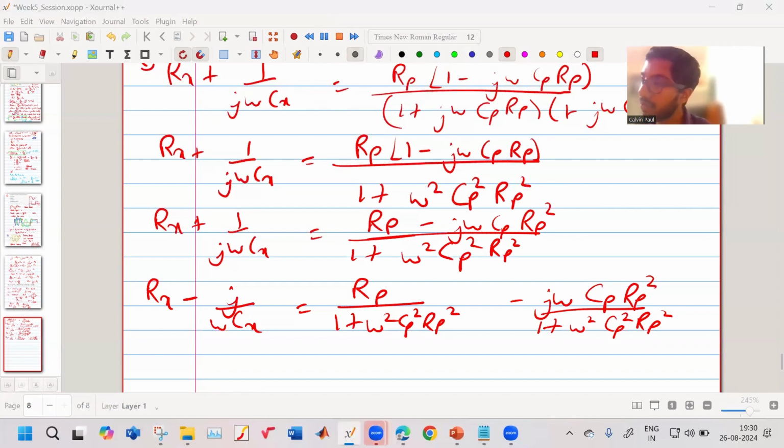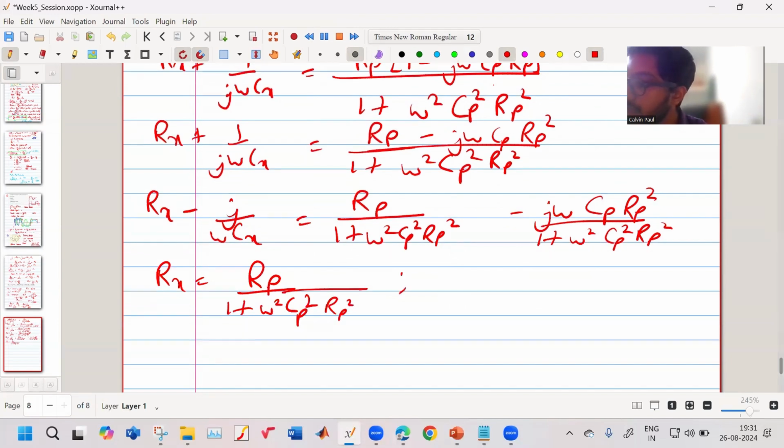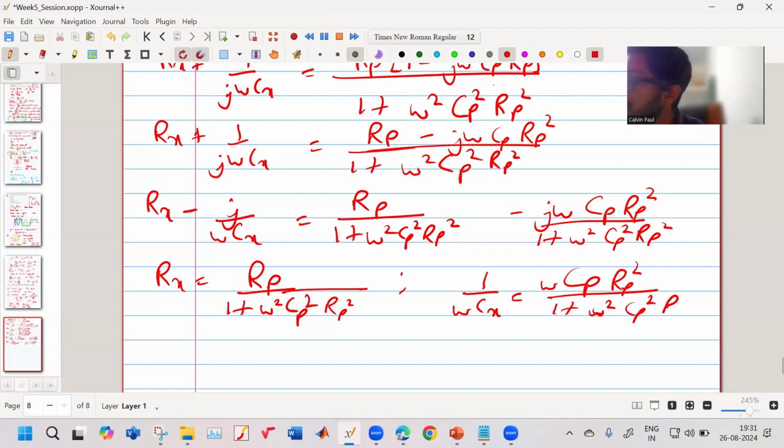So now we write Rx is equal to Rp upon 1 plus omega square Cp square Rp square, and my 1 upon omega Cx is equal to omega Cp Rp square upon 1 plus omega square Cp square into Rp square.